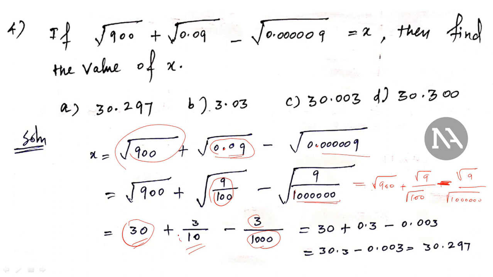So again I am going to convert into fraction form. If you have 10 in the denominator, after the decimal point you have to move 1 digit. If you have 1000 in the denominator, after the decimal point I have to move the number 3 digits, right?